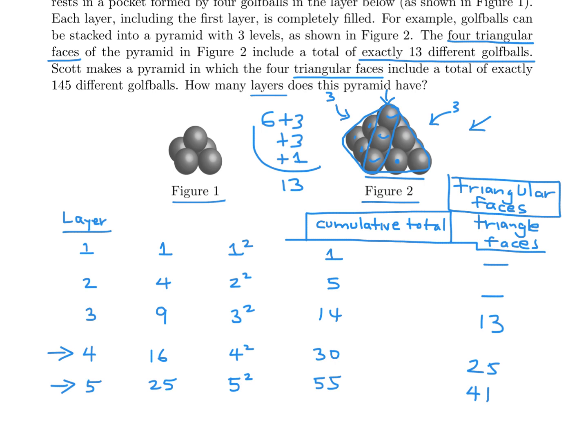Okay, so now we have to start extrapolating because we want to eventually get how many layers are there. So this number, whatever this is, when this number is 145. So how many layers do we get a triangular faces total of exactly 145 golf balls?